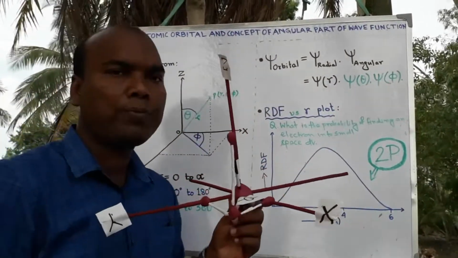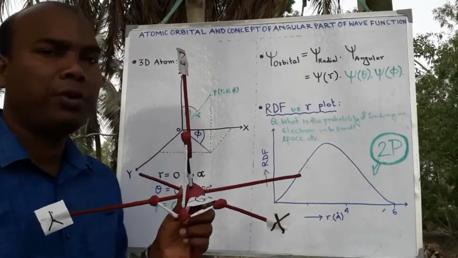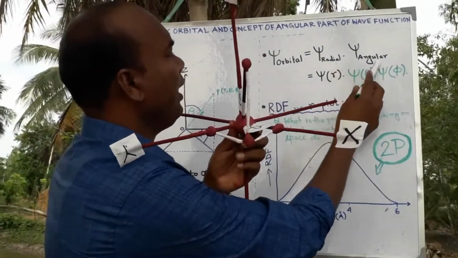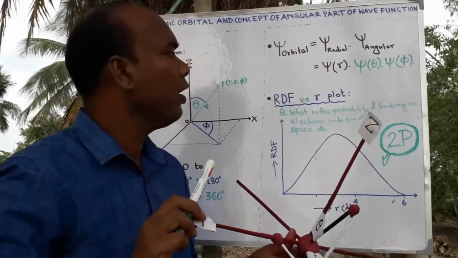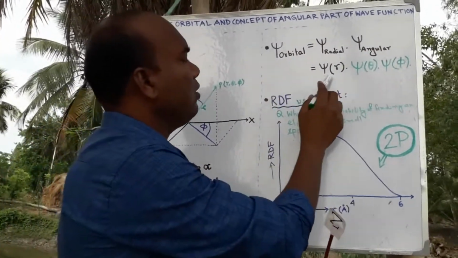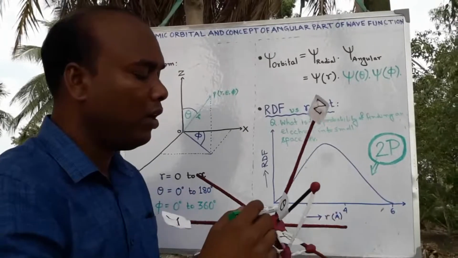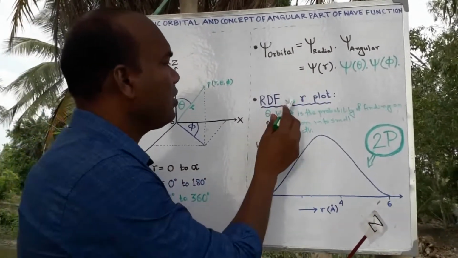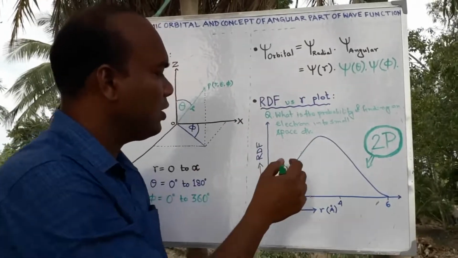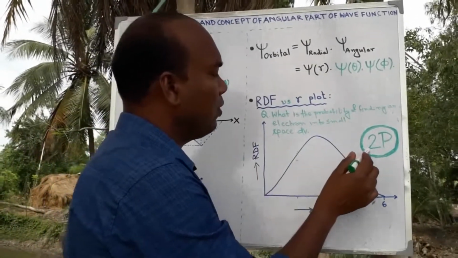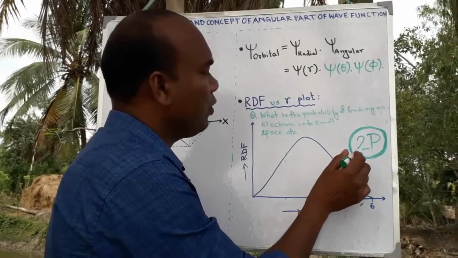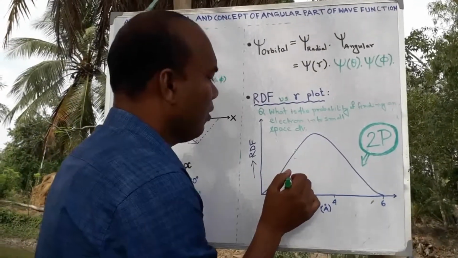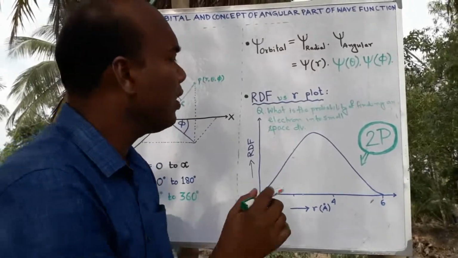Now, you know, the wave function of atomic orbital can be expressed as the product of radial part of wave function and angular part of wave function. And the radial part of wave function depends on the radial vector r. Suppose this is the RDF versus r plot for 2p orbital. And from this plot, you can get the answer of this question.